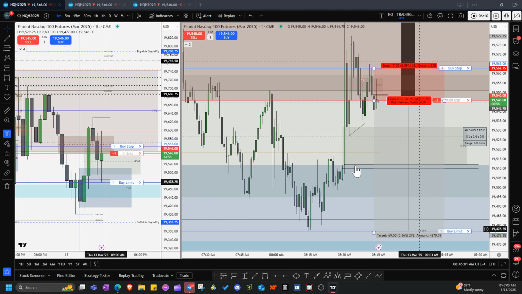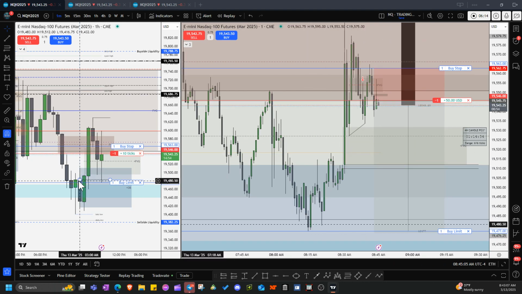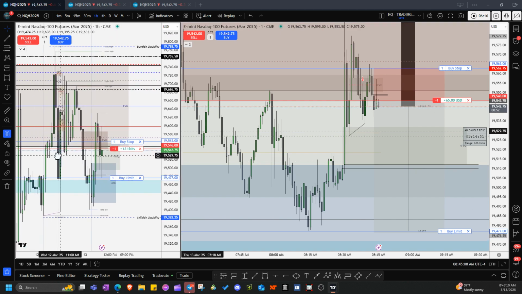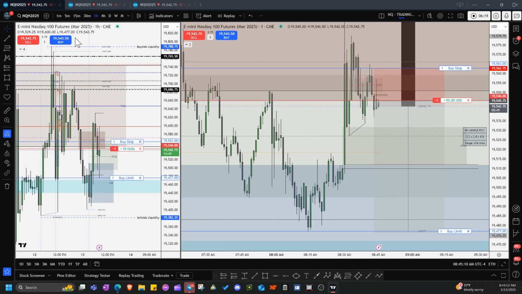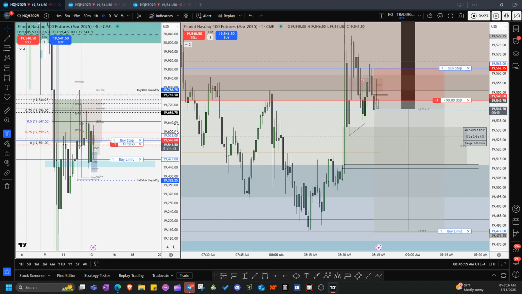I am targeting the lows that it created here after tapping this bullish order block. And the reason being is because I think maybe price wants to go lower.